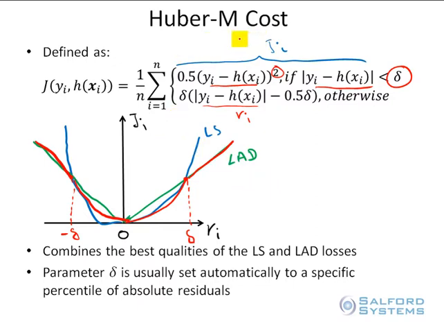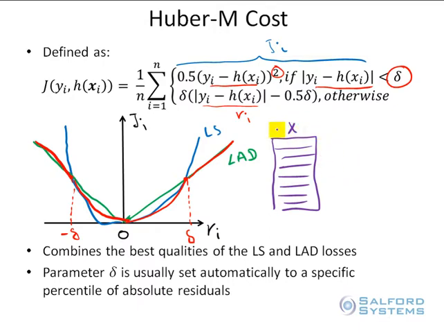Another way to think about the Huber-M cost is from the data point of view. If you look at your data set, usually you have a flat table where first you have a set of features. Those are your X features from 1 to P. And the observations go from 1 to N. Then you have a column of Y's.